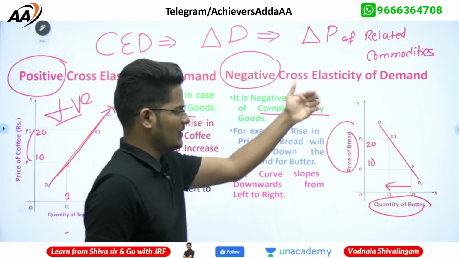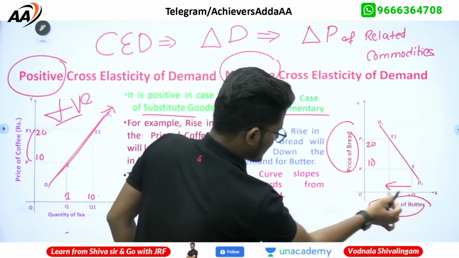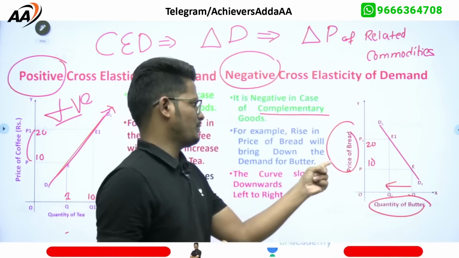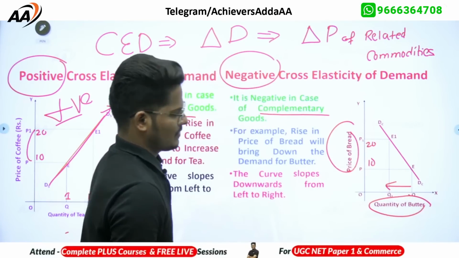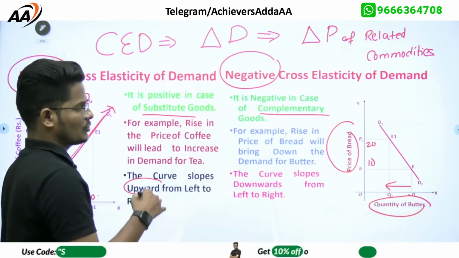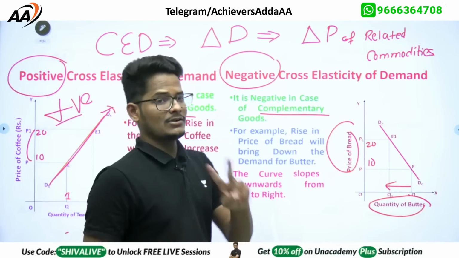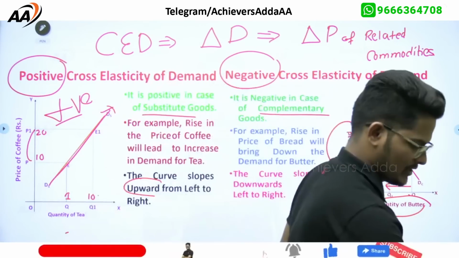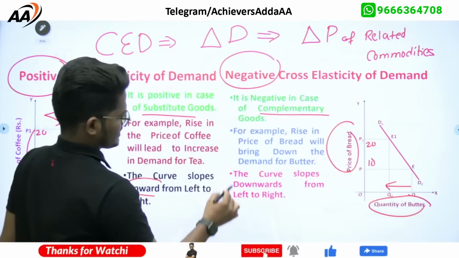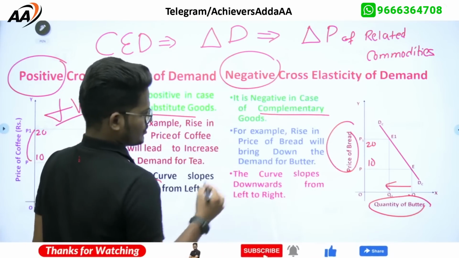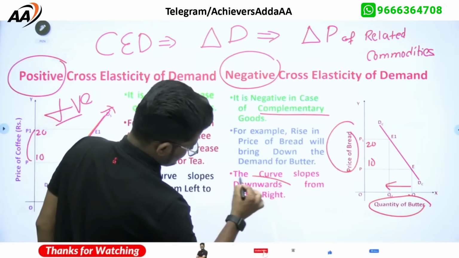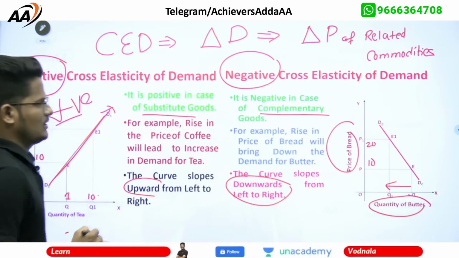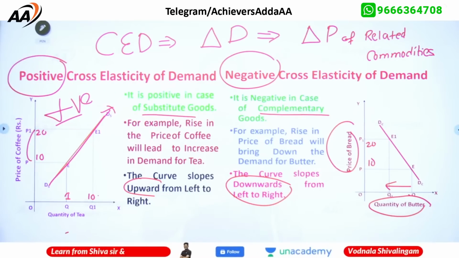When the price is increased from P to P1, quantity demanded is getting reduced for the other. So the price of bread increases and the quantity demanded of butter goes down, because bread and butter are complementary. Put together we will be using them. Rise in price of the bread will bring down the demand for the butter. The curve slopes downward from left to right. That comes under the complementary goods.